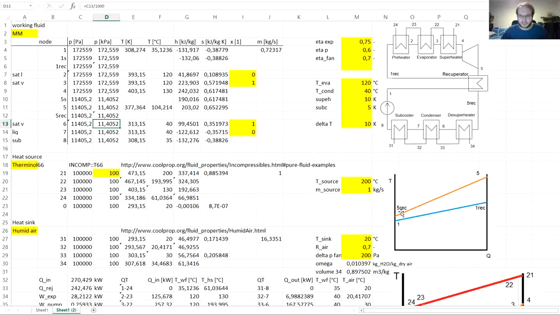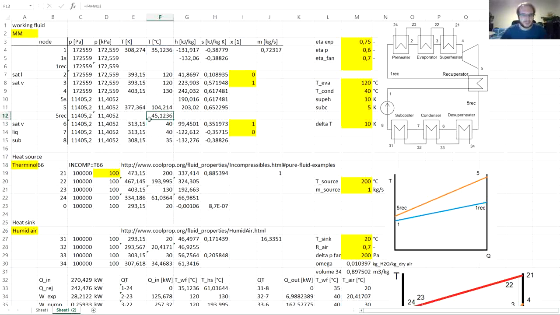And since we expect the minimum temperature difference to be at this point, between 5 recuperated and 1, we can get the temperature at the 5 recuperated by using the temperature at point 1 plus the minimum temperature difference.